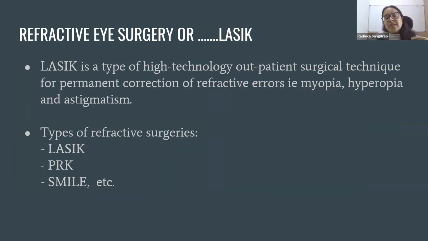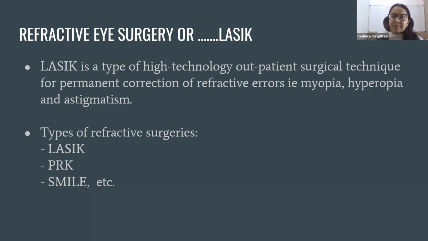Now, I would like to just introduce a few common procedures that are typically done in the eyes. Many people undergo refractive eye surgery nowadays, and it's commonly called LASIK. So LASIK is actually a type of high technology outpatient surgical procedure for permanent correction of refractive errors, that is myopia, hyperopia, and astigmatism.